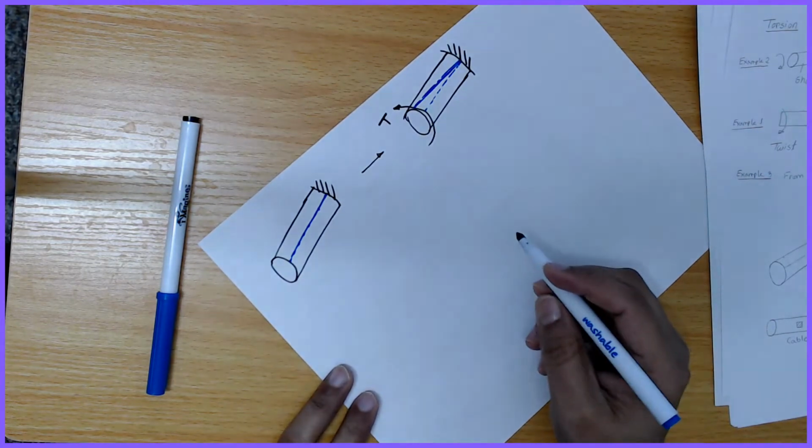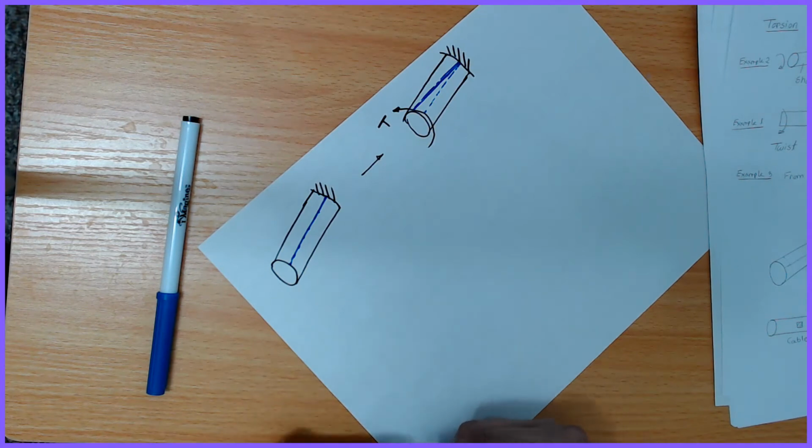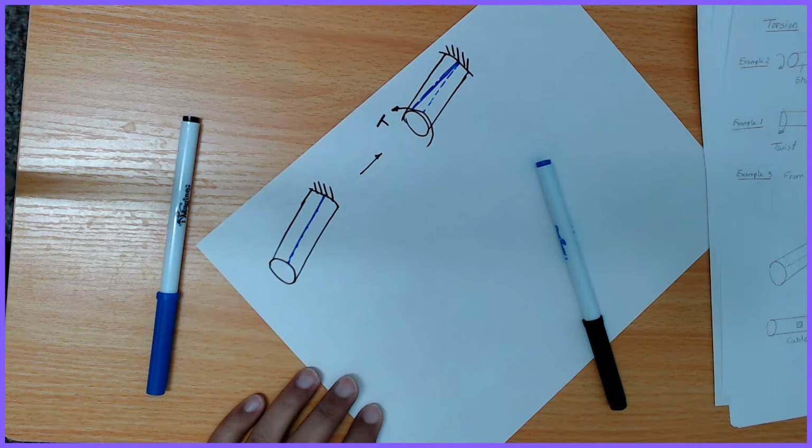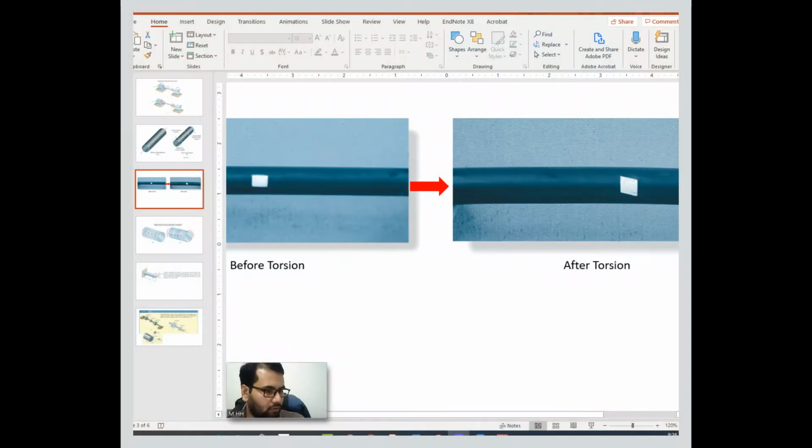Okay, so this is an example where you can see a cable. There is a white rectangular mark here.